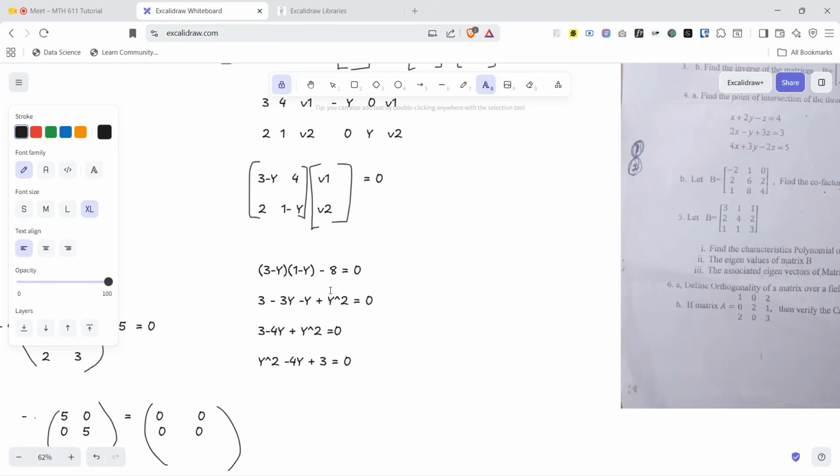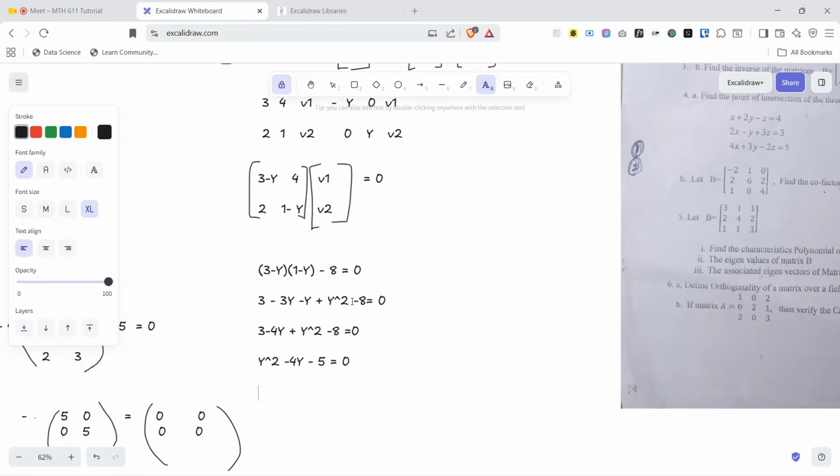I think I've missed something: you've thrown away the 8 too. Yeah, that's minus 8. So if there's minus 8 here, it means this is going to be minus 5.